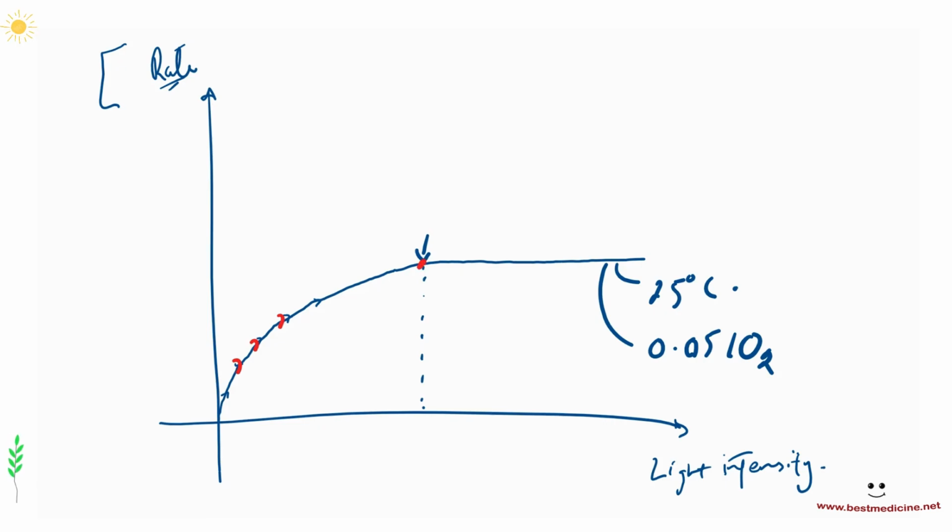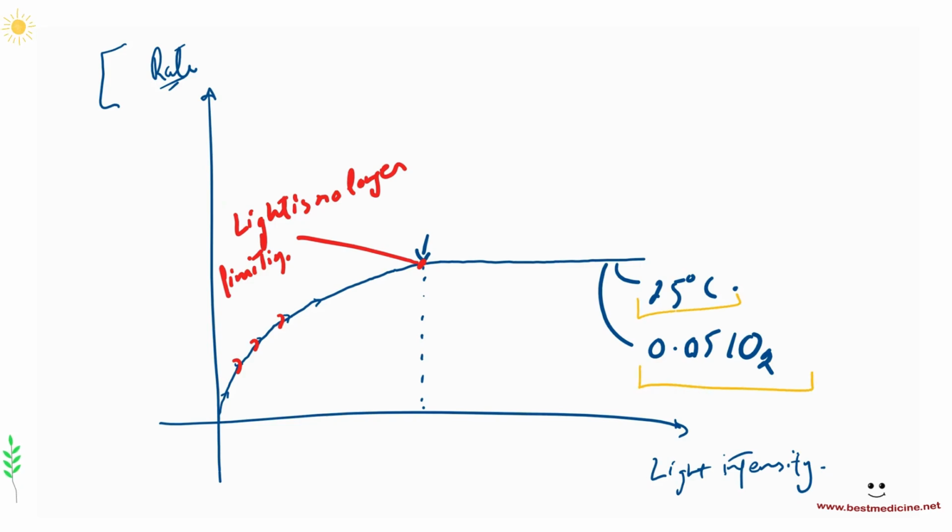At this point, we say that light is no longer the limiting reactant. Something else is the limiting reactant. Light is no longer limiting. So maybe we can change one of the other components, like the temperature or the amount of CO2.